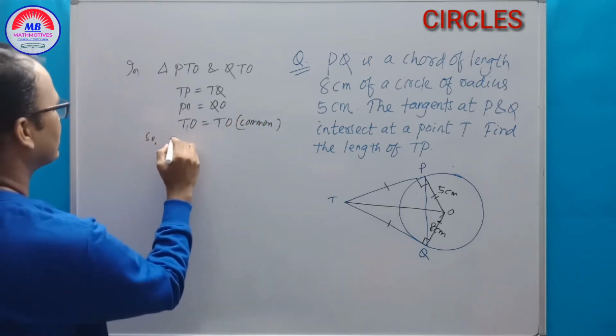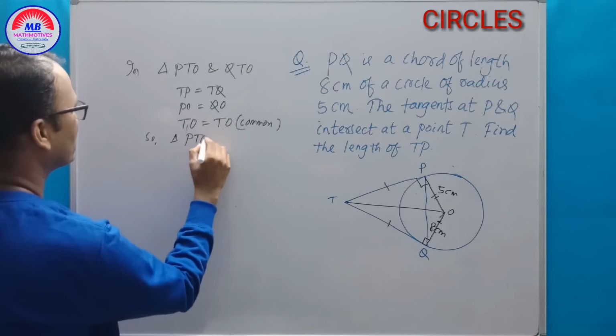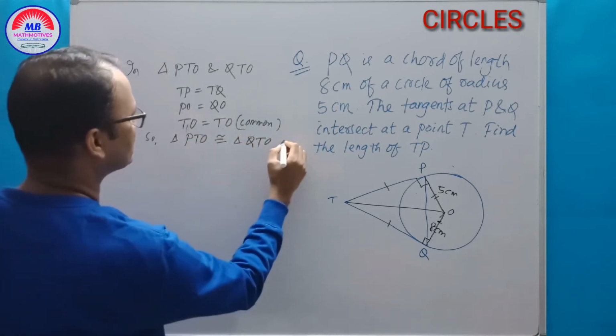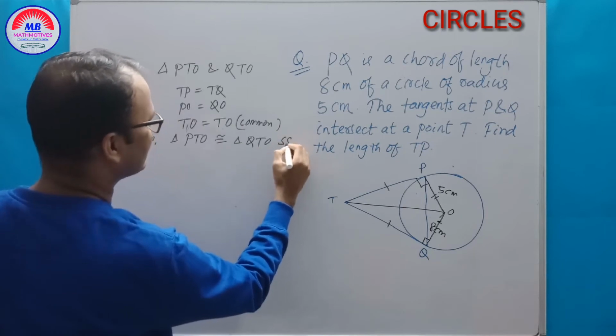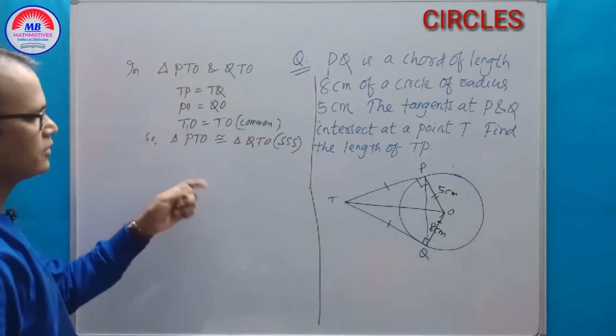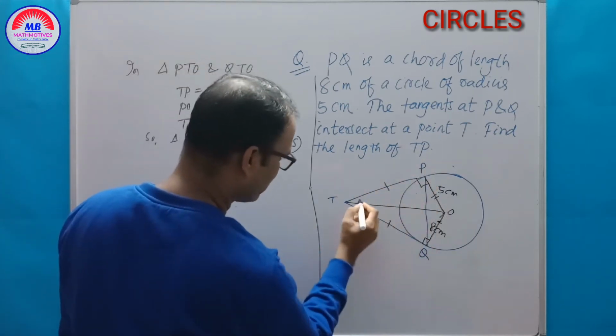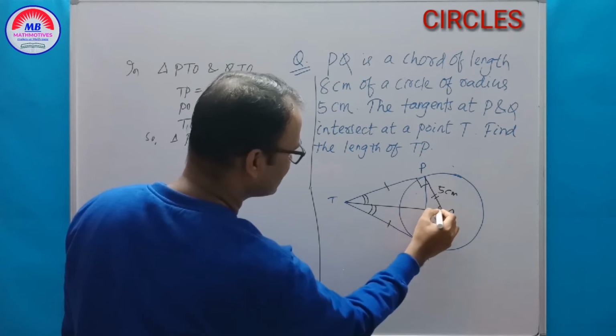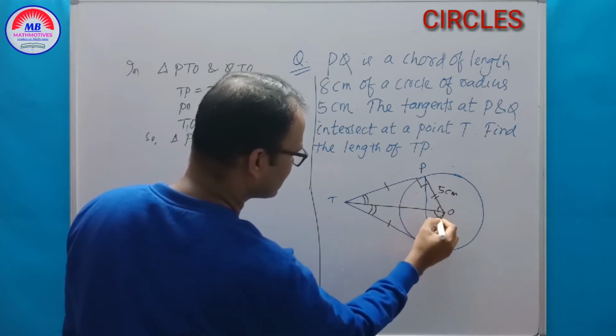So triangle PTO is congruent to triangle QTO, SSS congruence. Clear? Now two triangles are congruent, so this angle is equal to this angle, similarly this angle is equal to this angle.